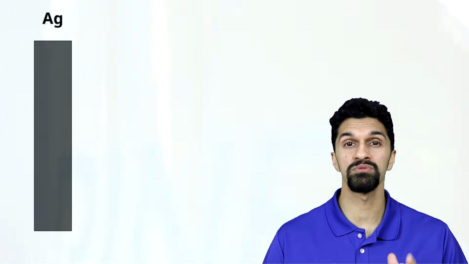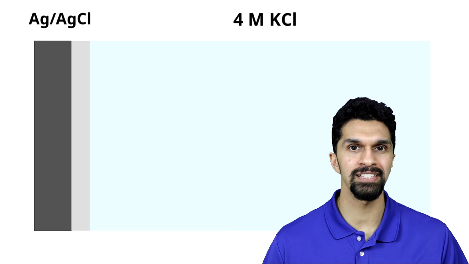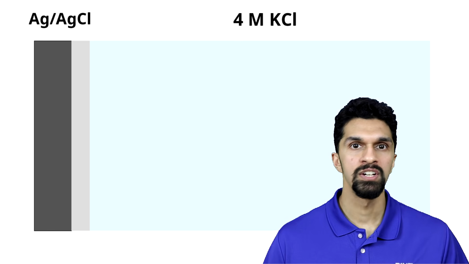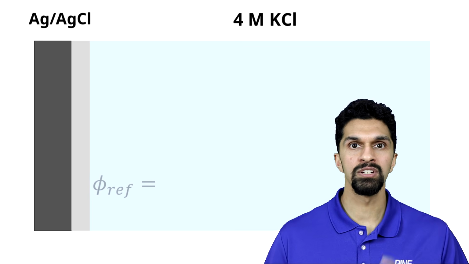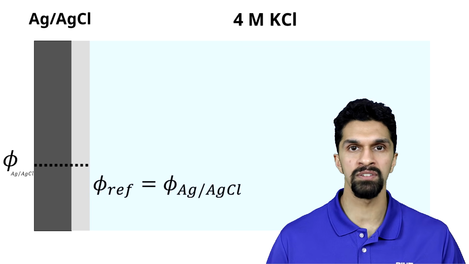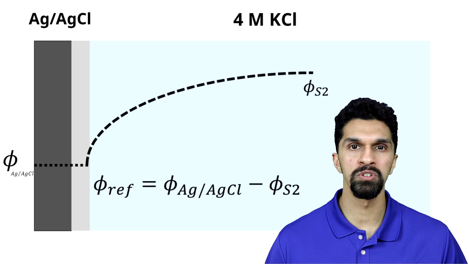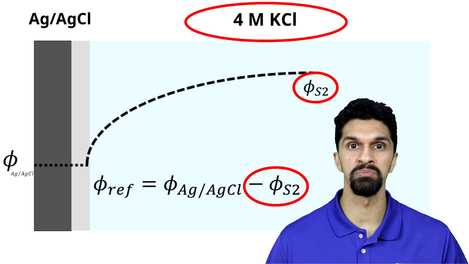Our silver-silver chloride reference electrode consists of a silver wire encased in a silver chloride salt, all of which is in a 4 molar potassium chloride solution. Just like with our working electrode, the reference electrode potential is equal to the inner potential of the silver-silver chloride wire minus the 4 molar potassium chloride solution potential.